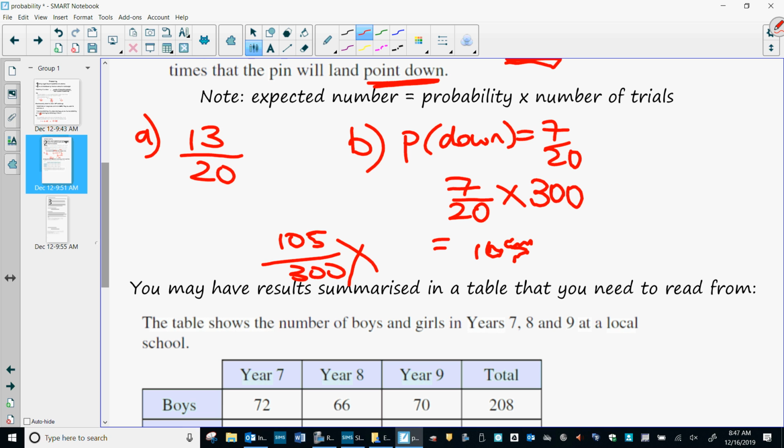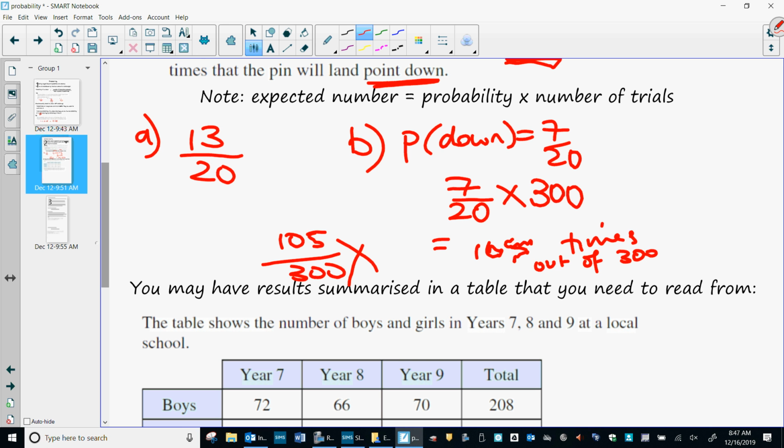The actual answer itself is a fraction. So we have to say 105 times. And as I say, if you wrote out of 300, in your head you're probably saying what you wanted to say, and that's fine, because you're making it clear that it's that number of times out of 300, but you haven't written it as a fraction.